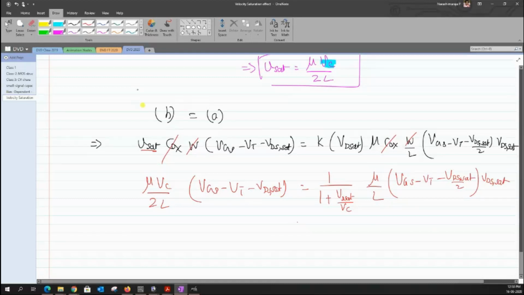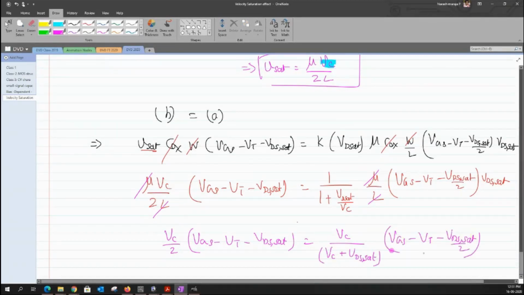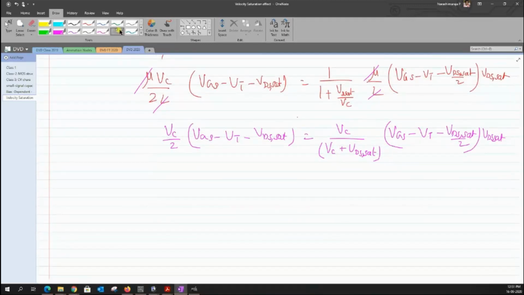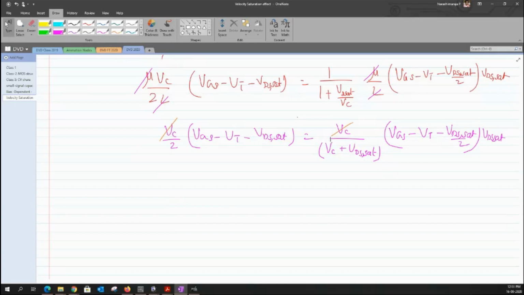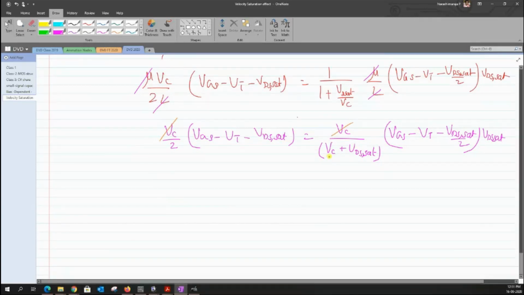Okay, so again, there are a few common terms which we can cancel, namely the mobility and the length. Okay, so again, this VC can be cancelled from here to here. And the only thing that we need to do is just some sort of cross multiplication of these two terms.